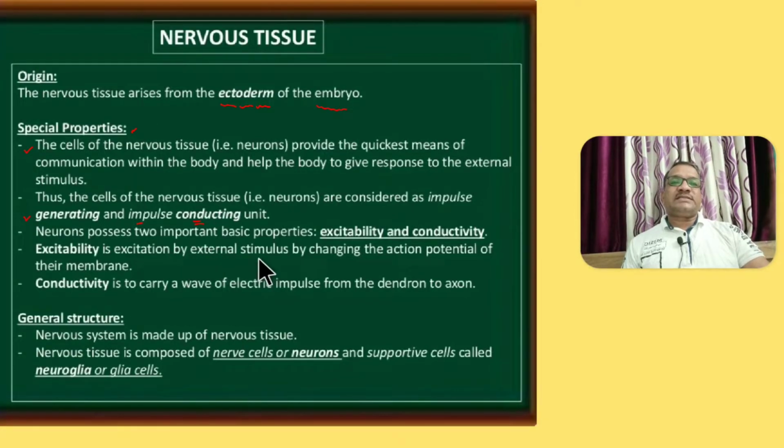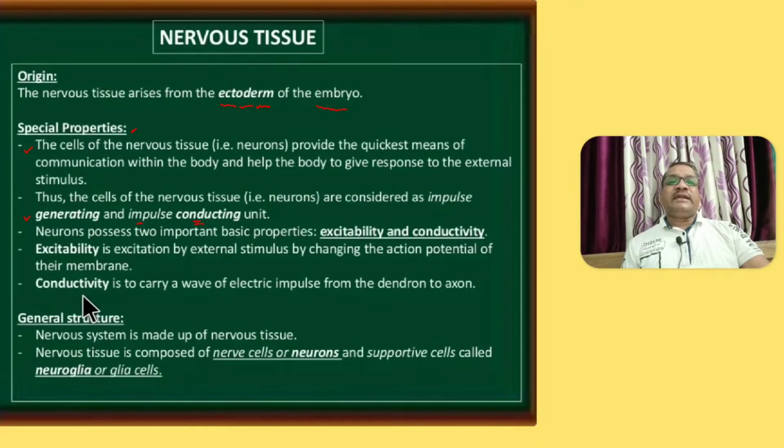So, the external stimulus which comes from the surroundings acts by changing the action potential of the membrane. When we see the detailed structure of the action potential, how the action potential takes place through this neuron, at that time we will learn how the excitation by an external stimulus occurs through the action potential across the membrane.